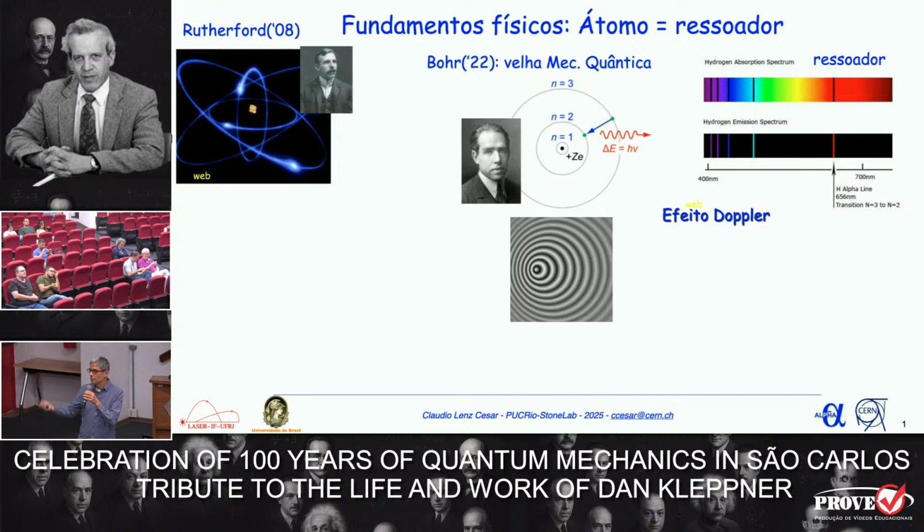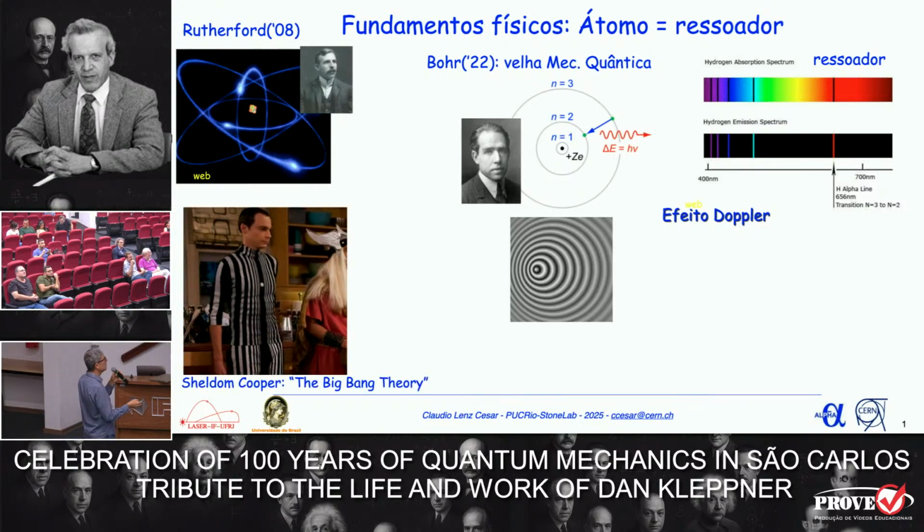You think this is trivial, but it is really fantastic, because it means that the atom has very discrete absorption or emission lines. So each atom has a digital signature, let's say. We can identify each atom by this light that it emits, because it's a very good resonator.